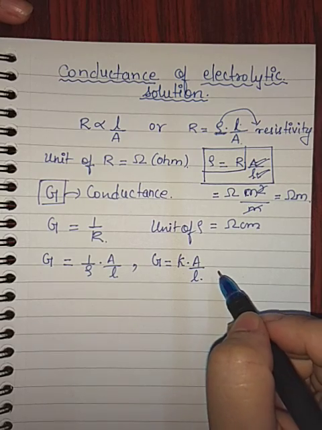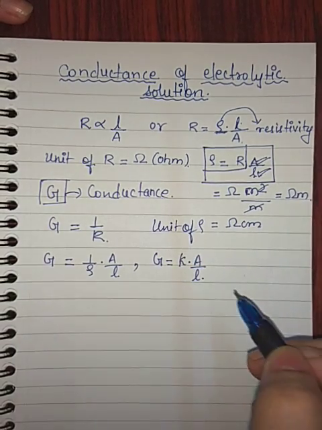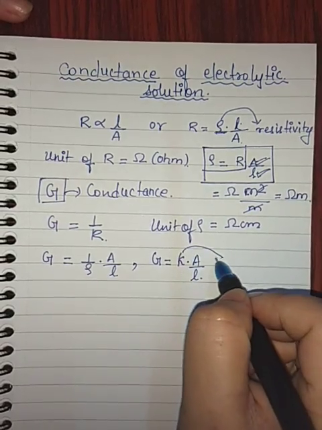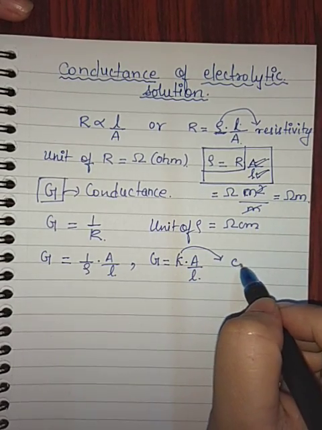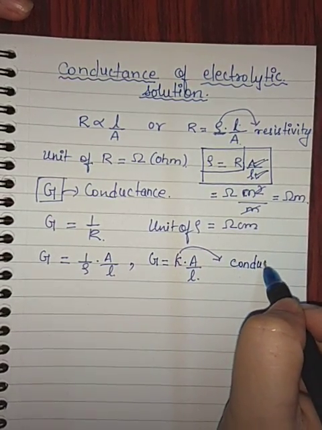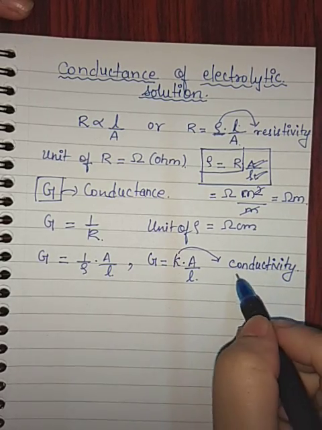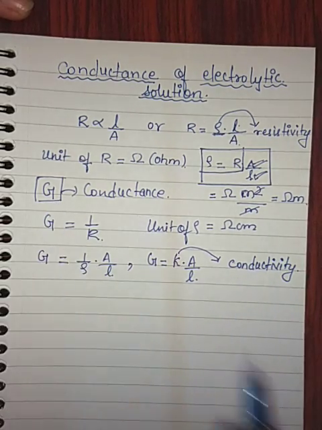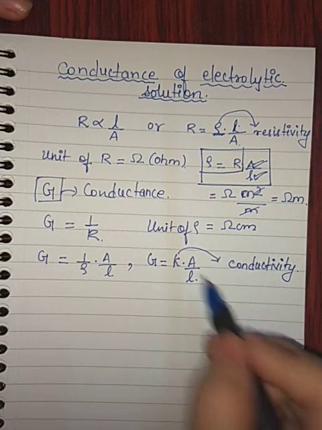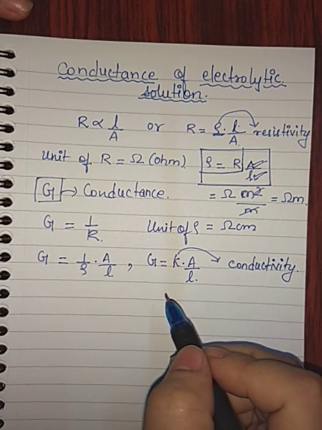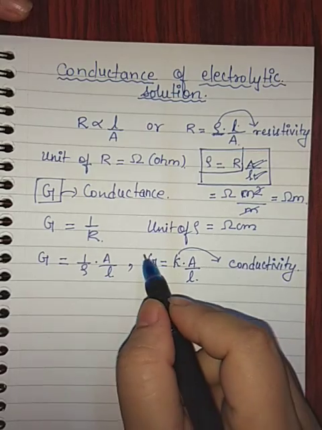Okay, so if you want to define kappa, since rho was called resistivity from resistance, kappa is called conductivity from conductance. Okay, kappa is also a constant. How do you define kappa? So just look at this formula again.